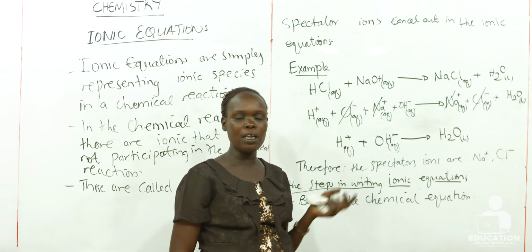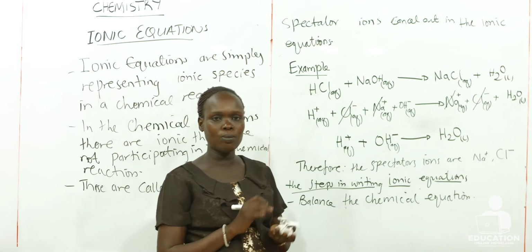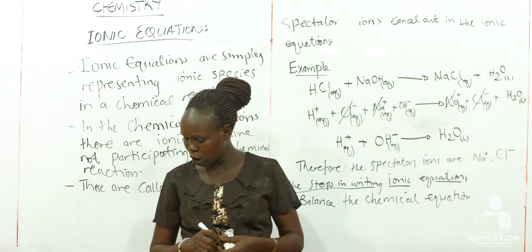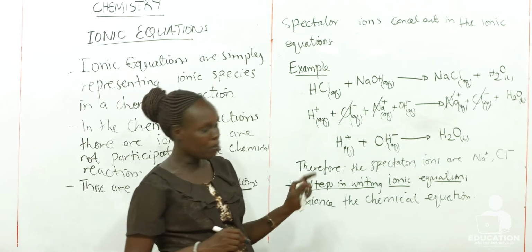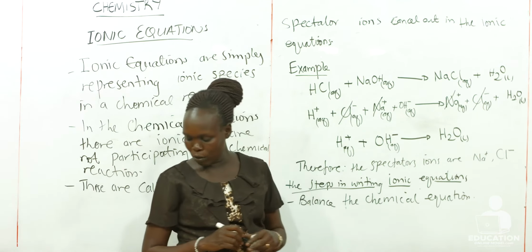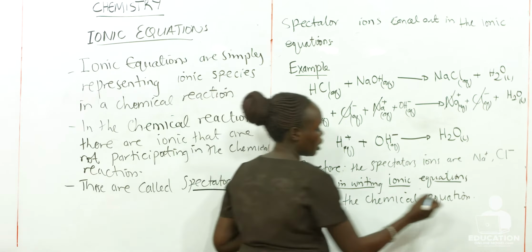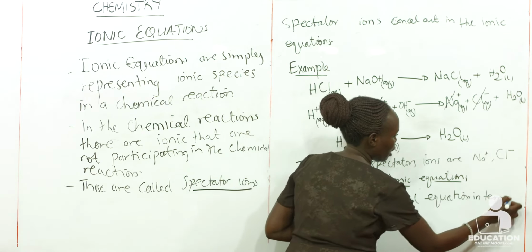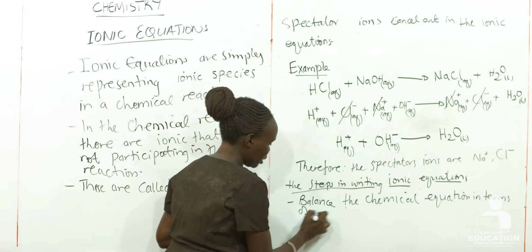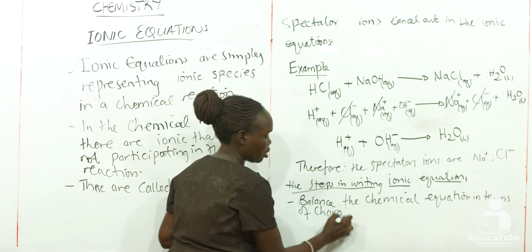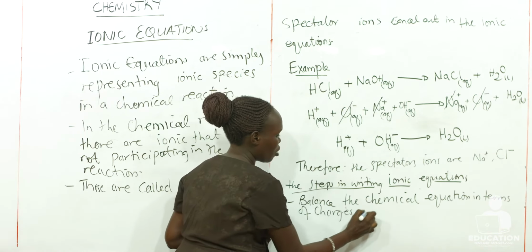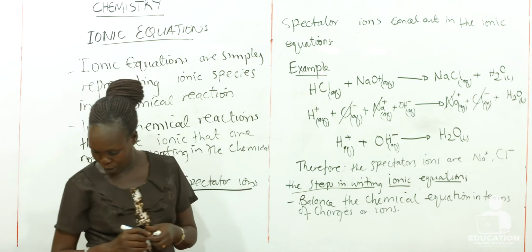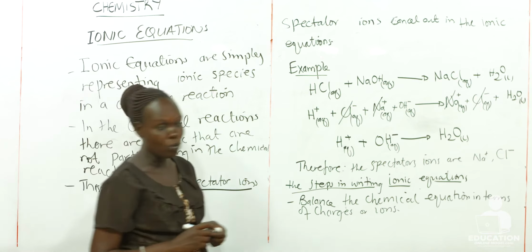If they are not equal, then you add some numbers to balance the atoms on both sides of the reaction. Here we balance the chemical equation in terms of charge or ions or moles.